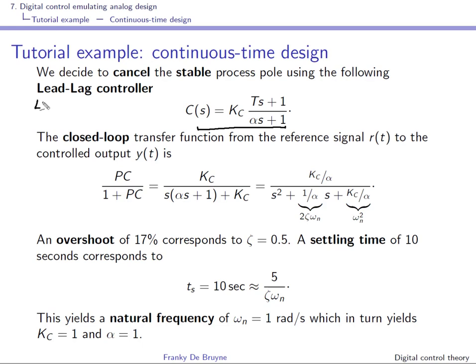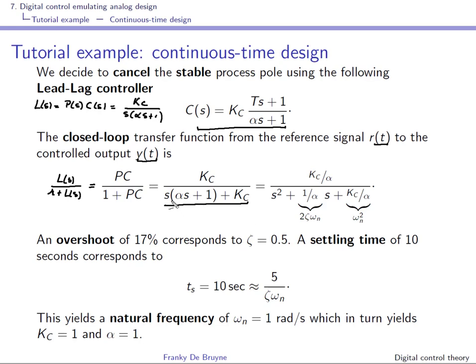So the loop gain, process times controller, will be Kc divided by s(alpha s+1). If we write L(s)/(1+L(s)), which is the closed loop transfer function from the reference signal, the set point, to the controlled output signal, we have this transfer function here.